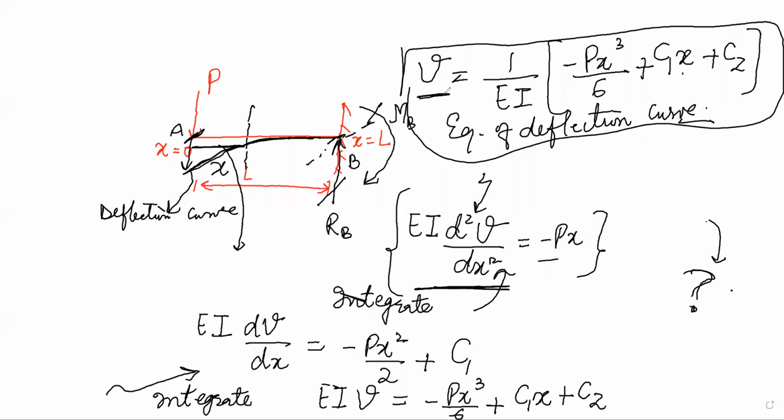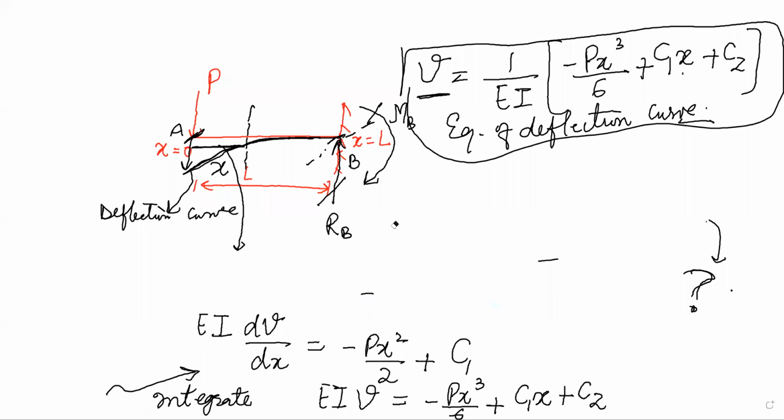Now, how do we obtain the values of C1 and C2? That's quite easy. We know at x is equal to L, the beam is fixed, and no motion is possible here.